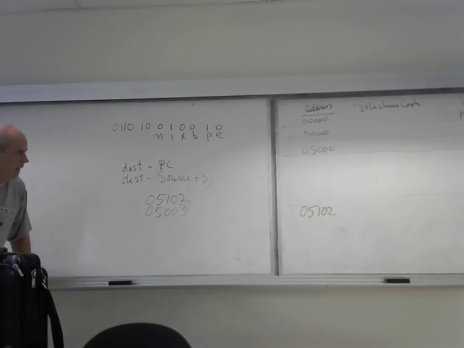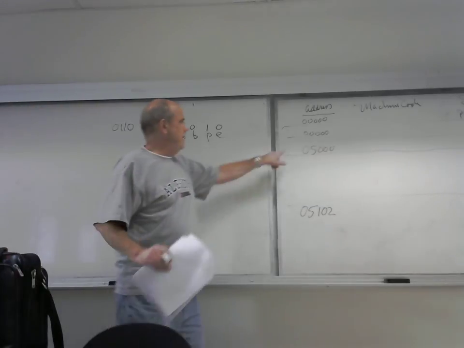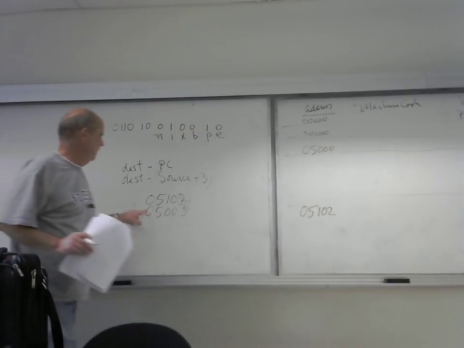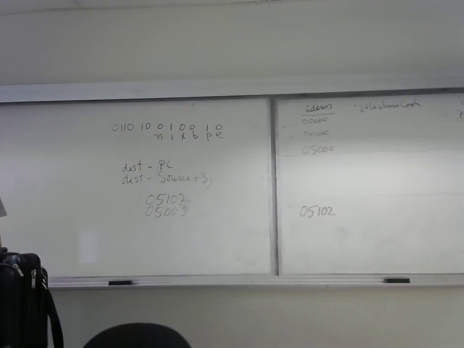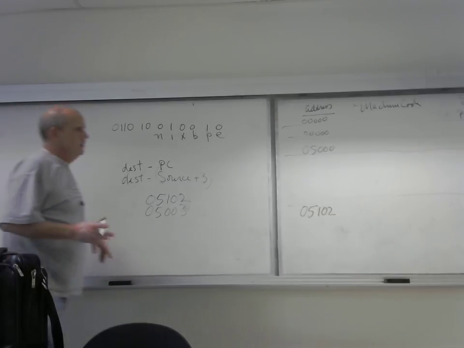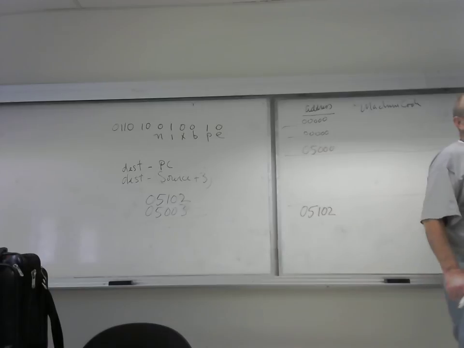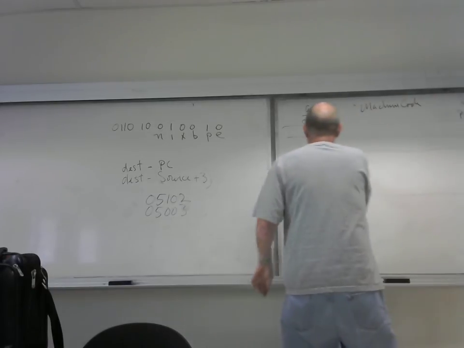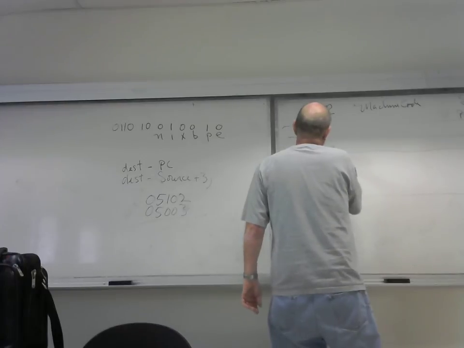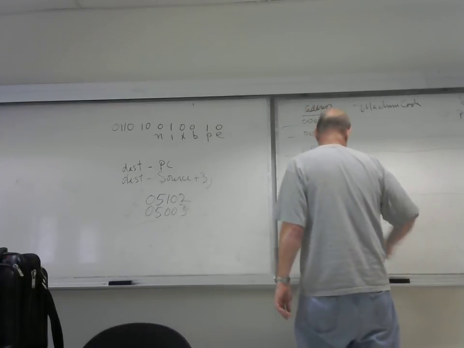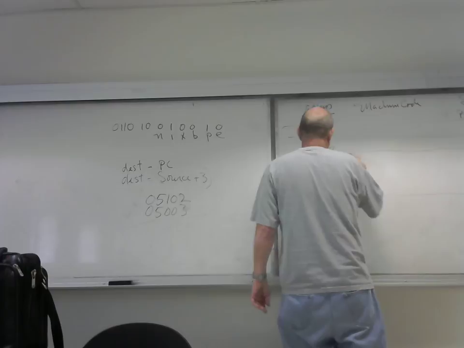The source here is 5,000. Why did I put 5,003? Yes, the program counter is a runtime thing. It moved. You had to read this instruction before you could execute it. Once you read that instruction, you moved the program counter to the next line.